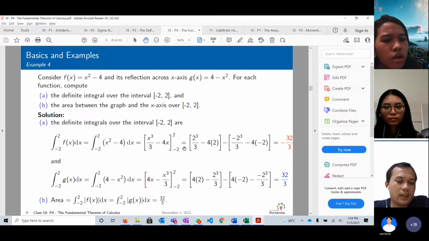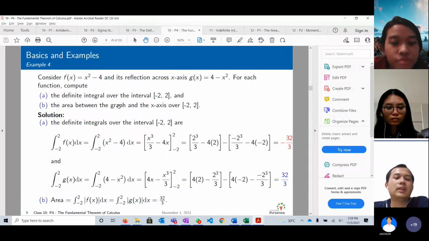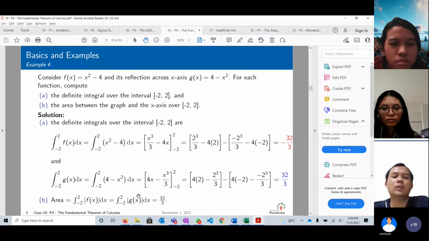Then what about the area? If you want to compute the area, you need to take the absolute value. Karena mau mencari luas antara grafik dengan sumbu x, maka kita mengambil nilai absolutnya. So in this case the area is positive 32 over 3.